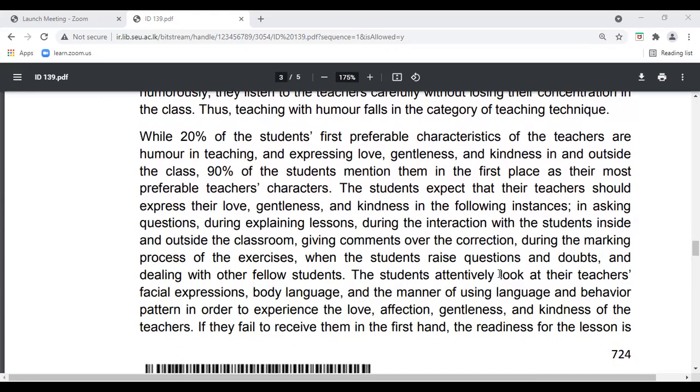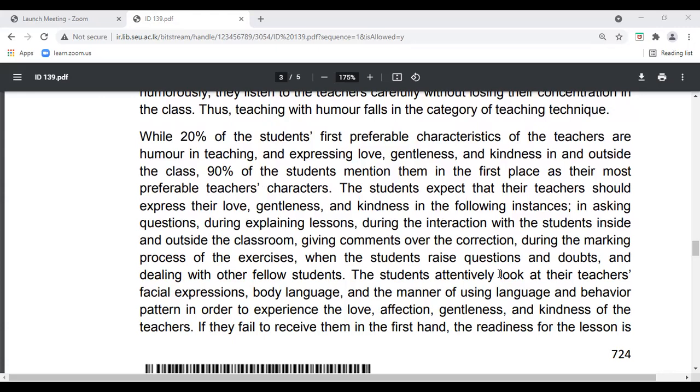While 20% of the students' first preferable characteristic of the teachers is humor in teaching, 90% mention expressing love, gentleness, and kindness in and outside the class in the first place as their most preferable teacher characteristics.